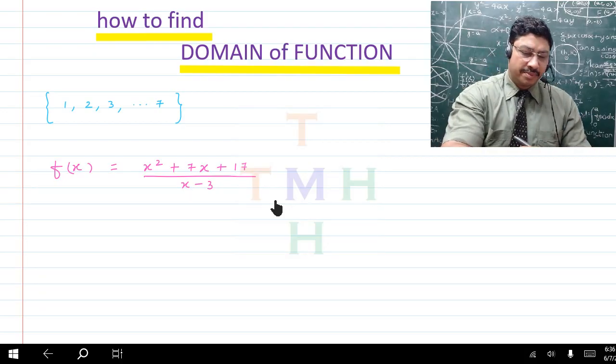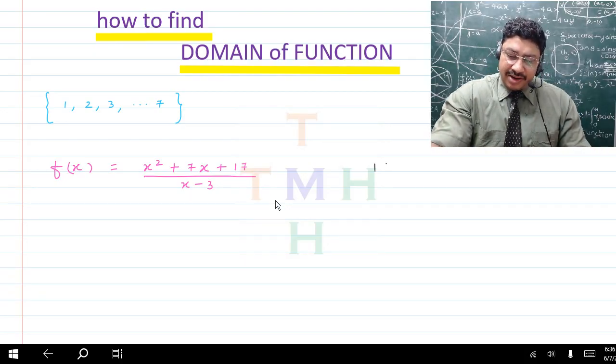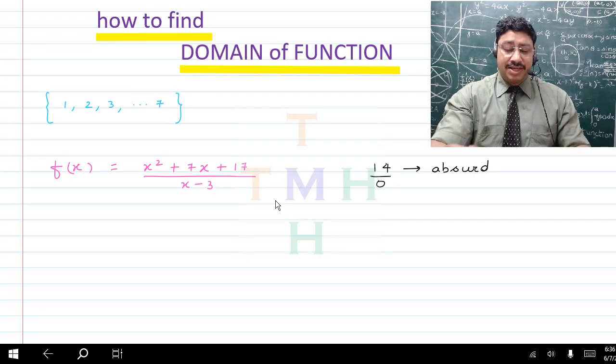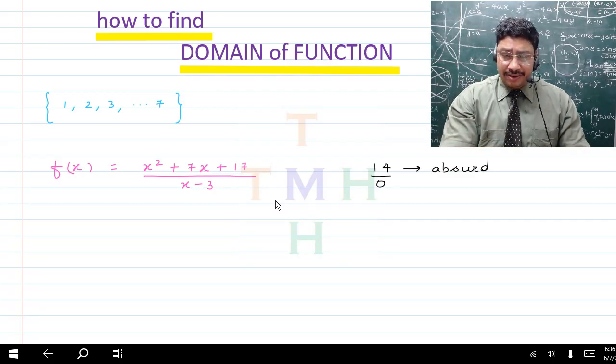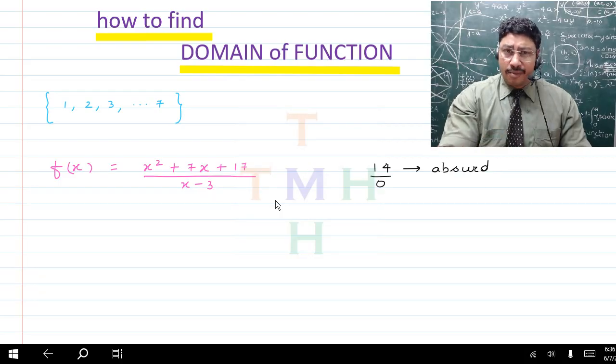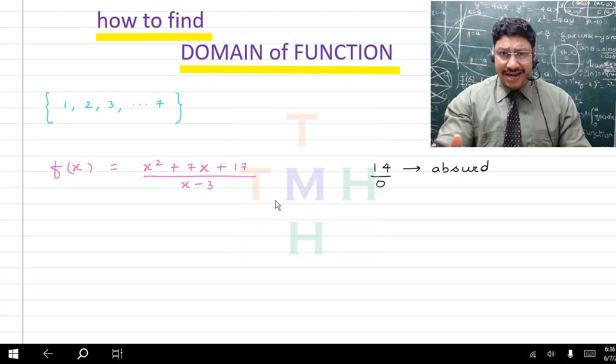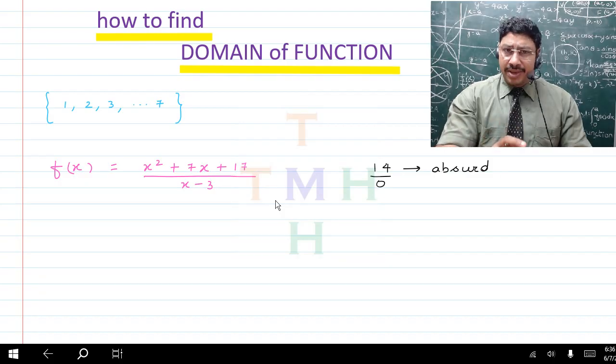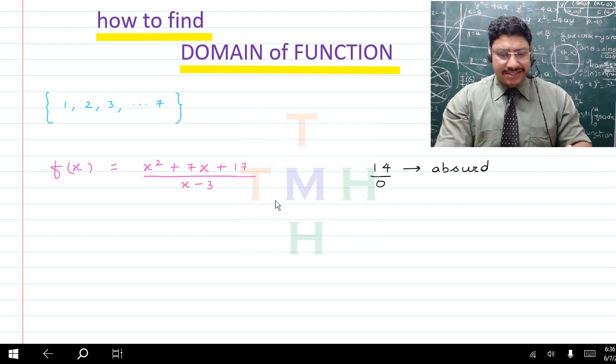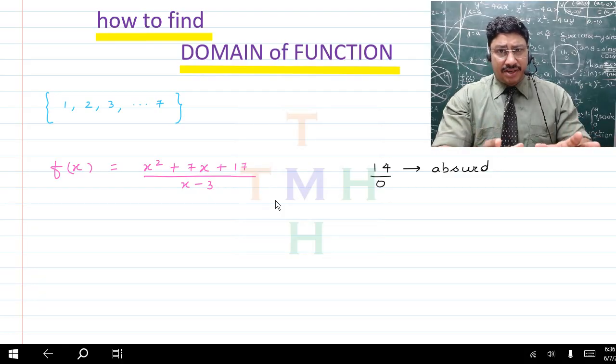I'm sure you must be knowing that if you have a number like 14 upon 0, then such a number is undefined and it is said to be absurd, and then we don't consider that value of domain, right? So when such values of domain are avoided, it will give you the domain from the specific replacement set that you've been given in the question, right? So this is all that we're going to do in this part of the study.